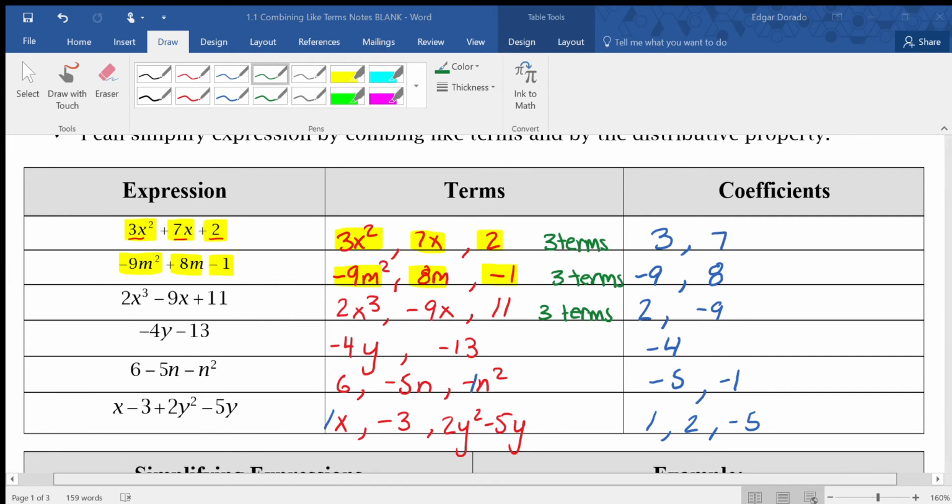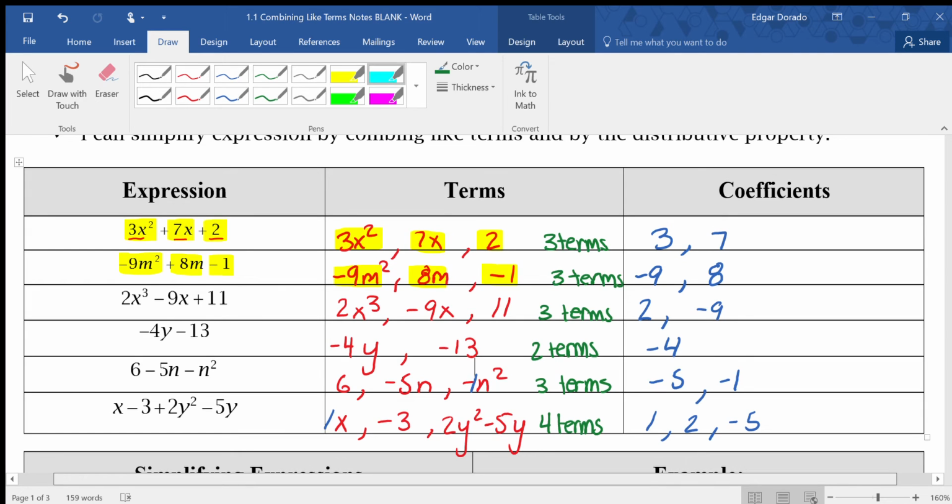This next one here only has 2 terms. The following one also has 3 terms, and this last one has actually 4 terms. Okay. All right.